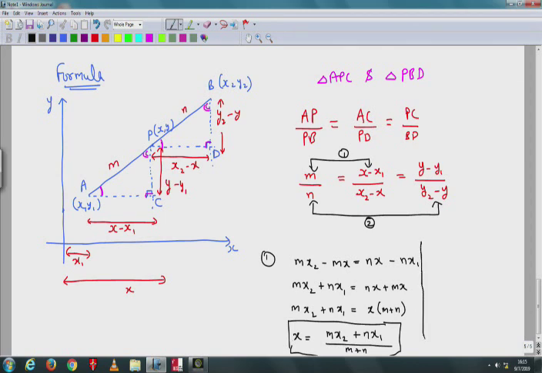And the same goes for y also. If you equate this m upon n with y minus y1 over y2 minus y and do the cross multiplication, you will get m y2 minus my is equal to ny minus n y1. So you can transpose them taking ny1 on the left hand side.